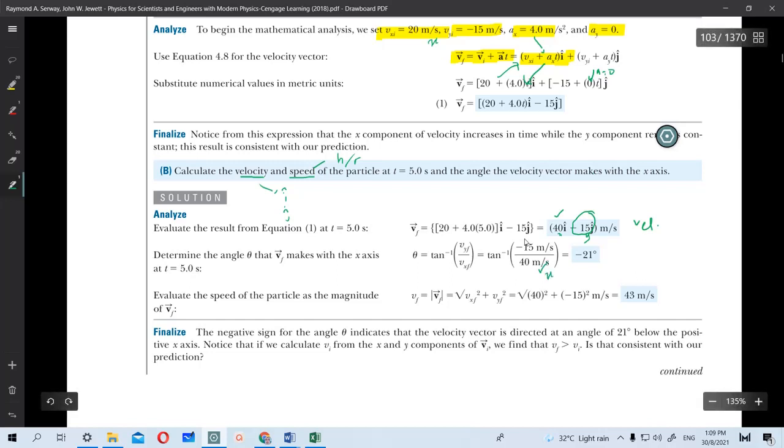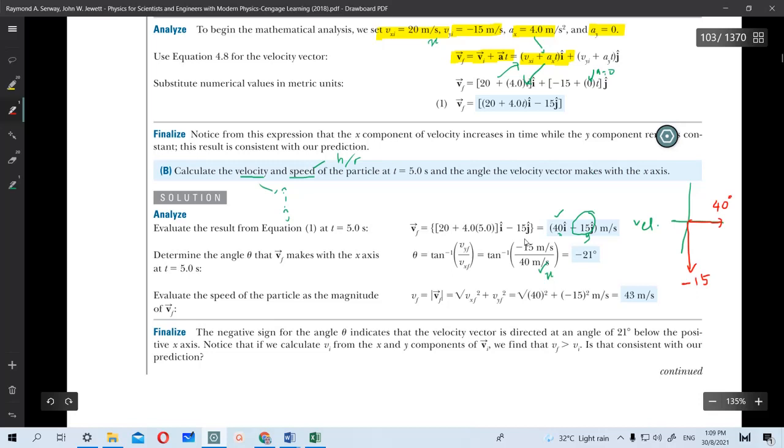So leave your answer as negative 21, or if you remember our previous session, our y would be negative 15 meter per second, and here x is 40.